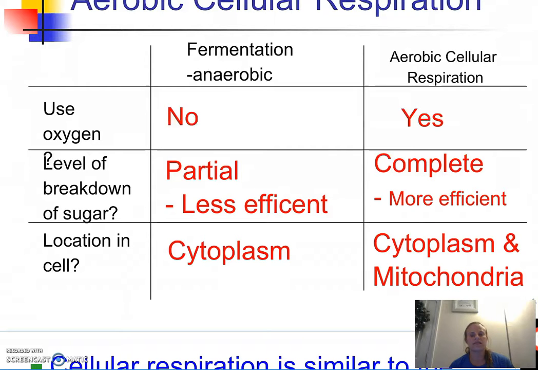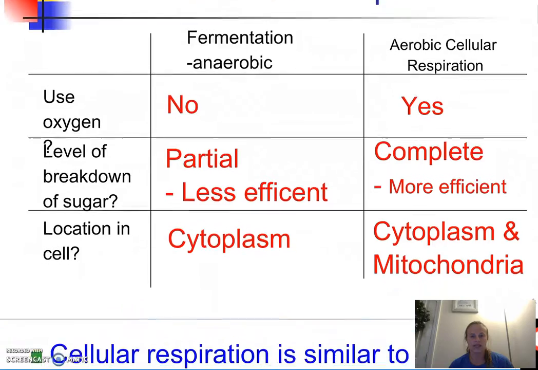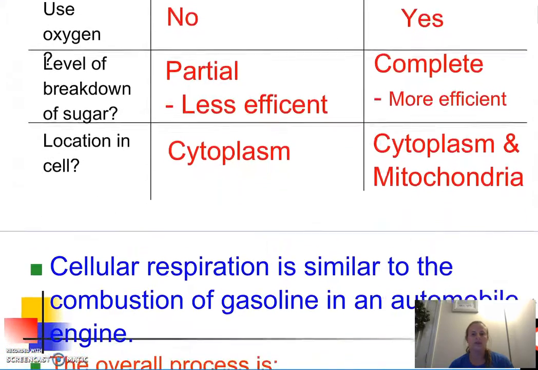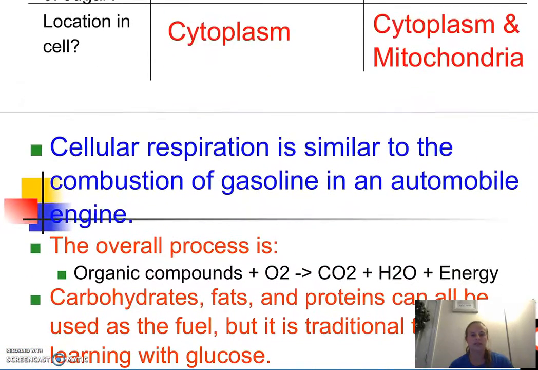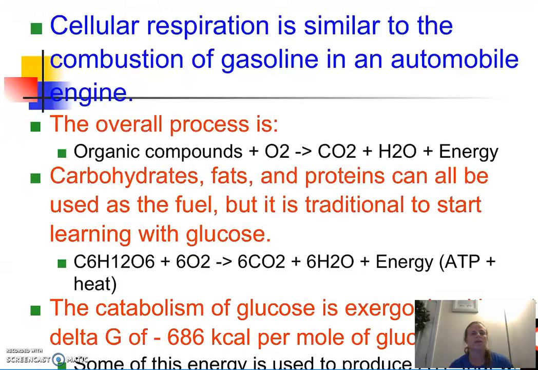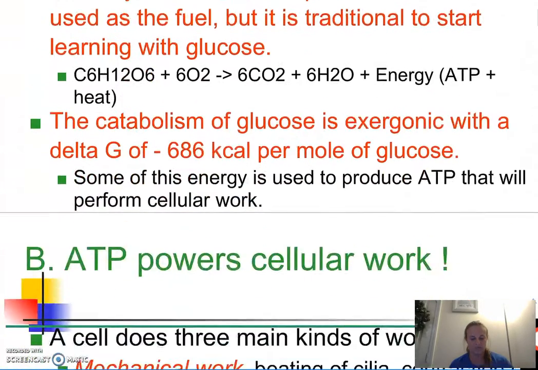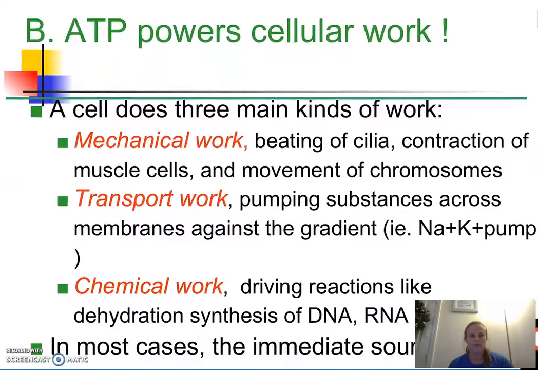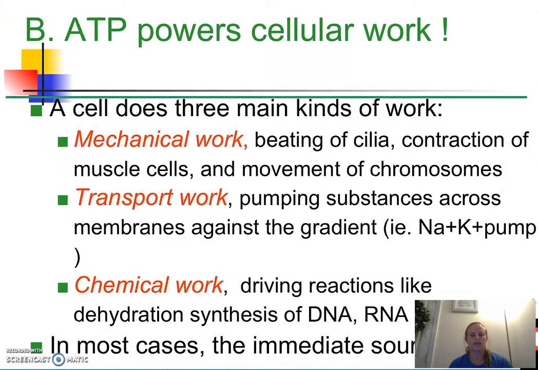It's the complete breakdown of sugar, therefore a more efficient process, and occurs in the mitochondria primarily, but does partially occur in the cytoplasm. Cellular respiration is similar to the combustion of gasoline in an automobile engine, where it involves a redox reaction. We'll get to that redox reaction in a bit.